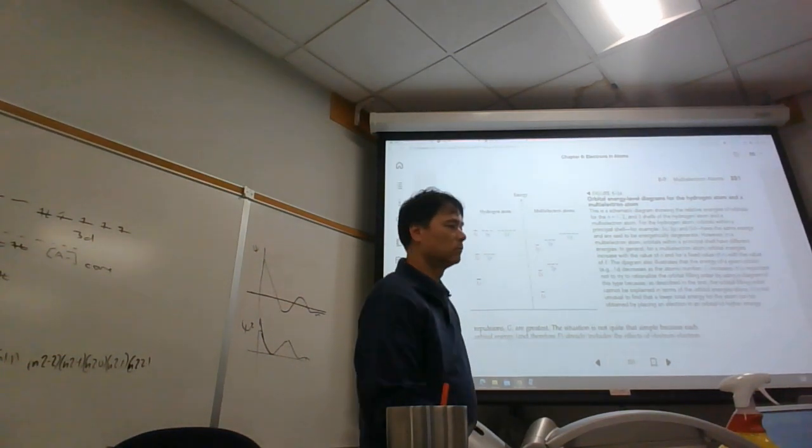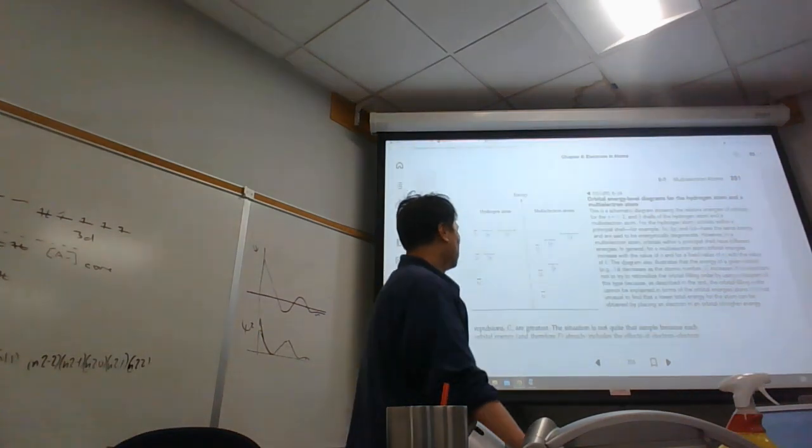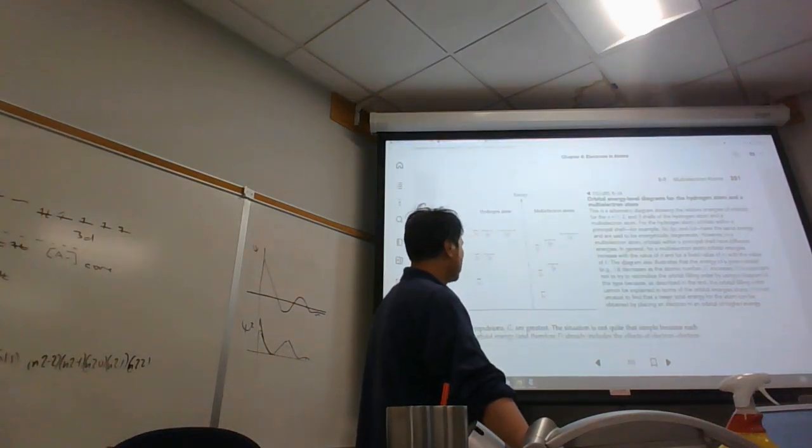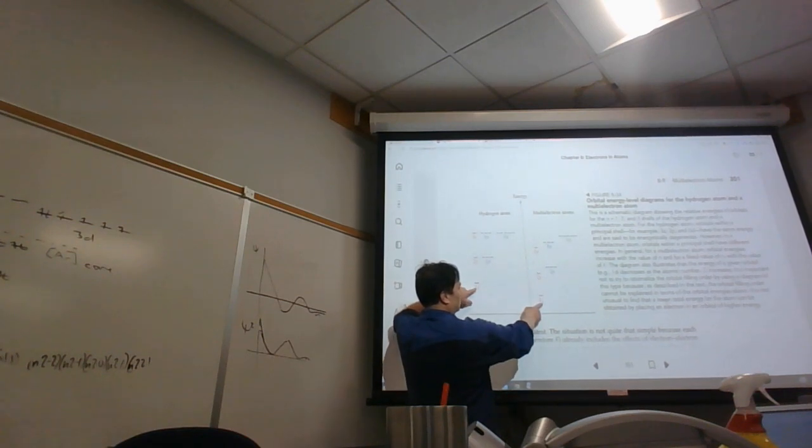It's closer, meaning the 1s orbital. Which one has a smaller 1s orbital, multi-electron or hydrogen? Multi-electron has a smaller one.